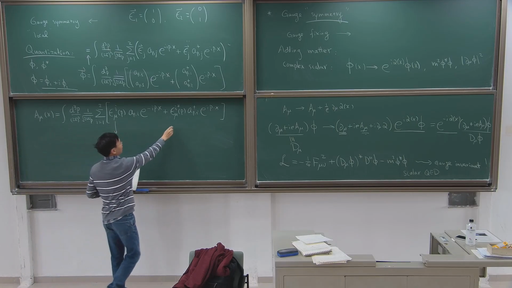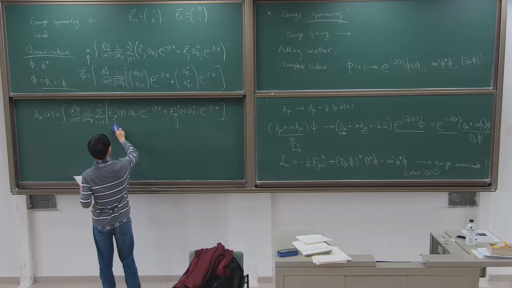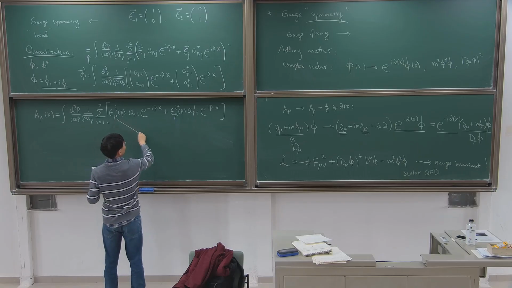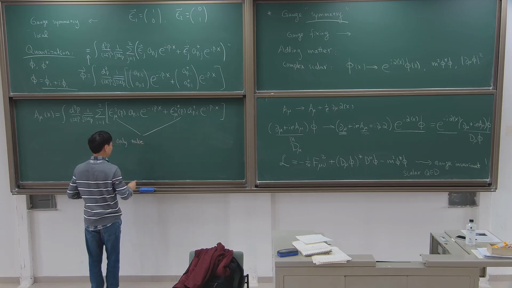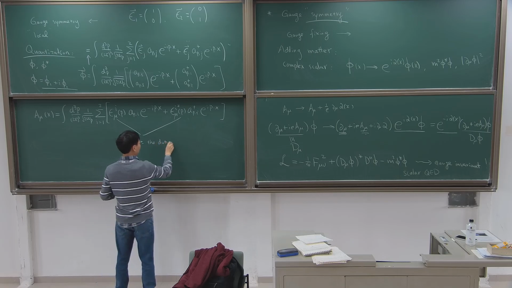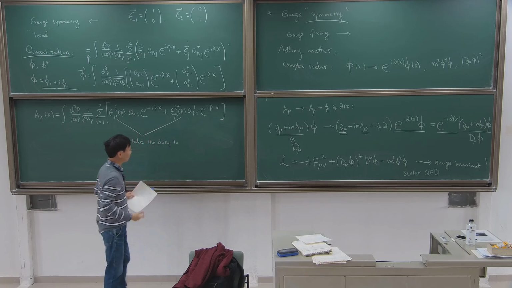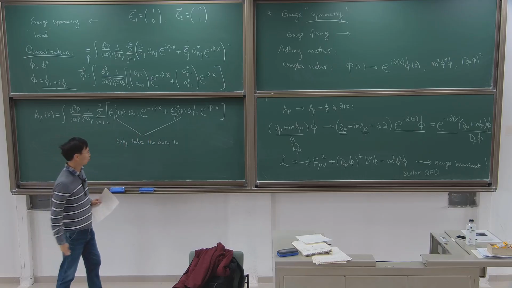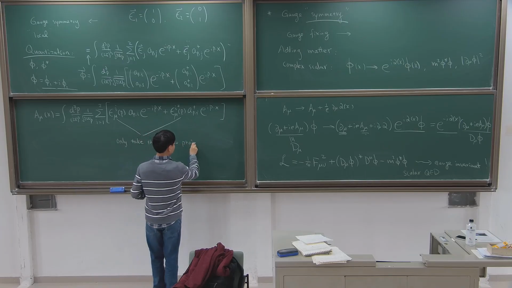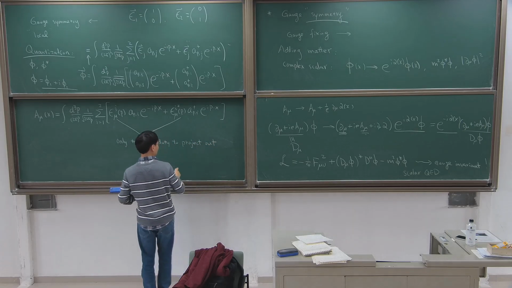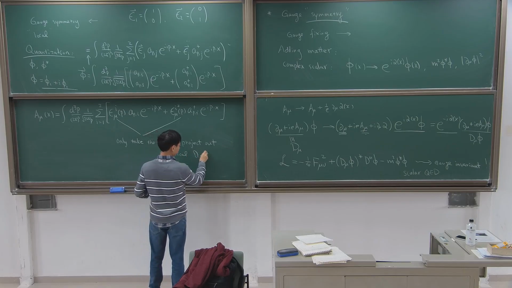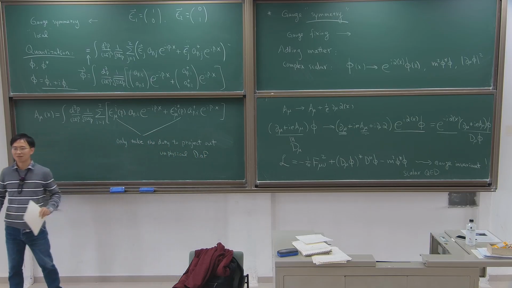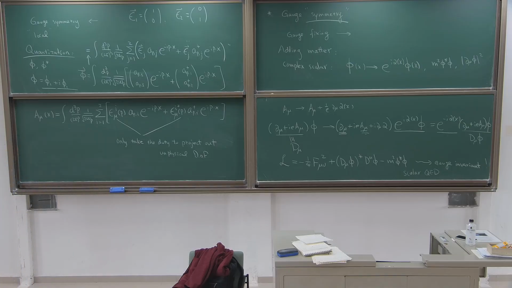So, like the complex scalar, these two polarization vectors really only take the duty of telling which degrees of freedom you are now quantizing, or equivalently, projecting out the physical degrees of freedom. They do much more than that? No, they are just like funny projectors. It's not an operator at all.